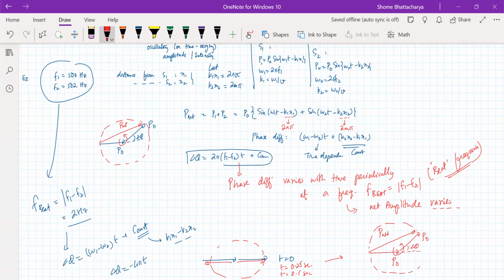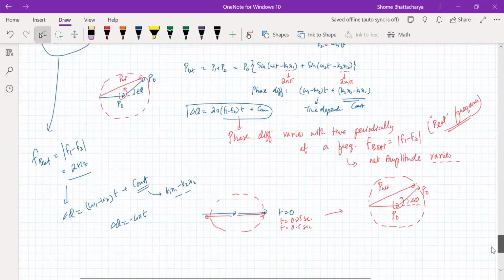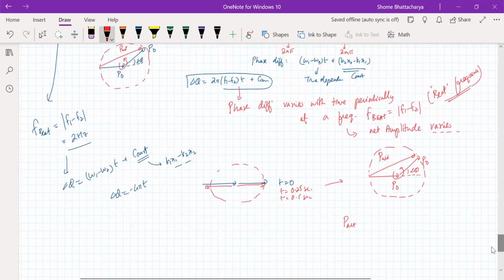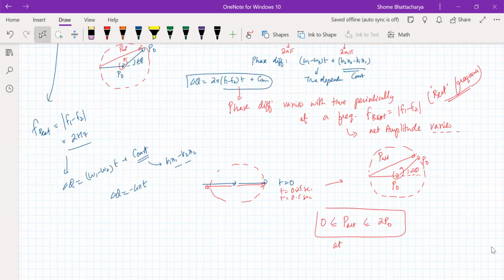So the net amplitude will vary between its maxima of 2 p naught and its minima of 0 at a frequency equal to, in this case, 2 hertz.